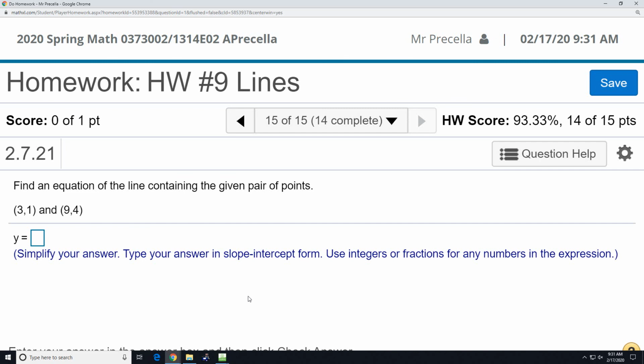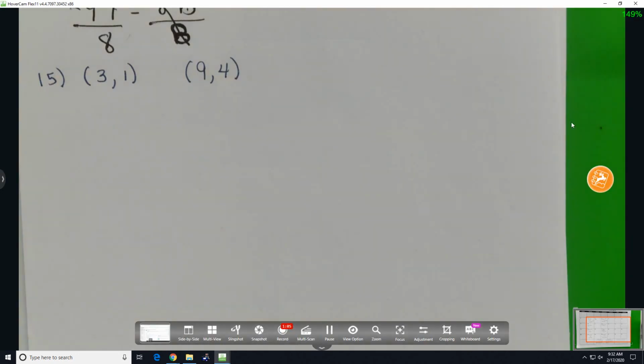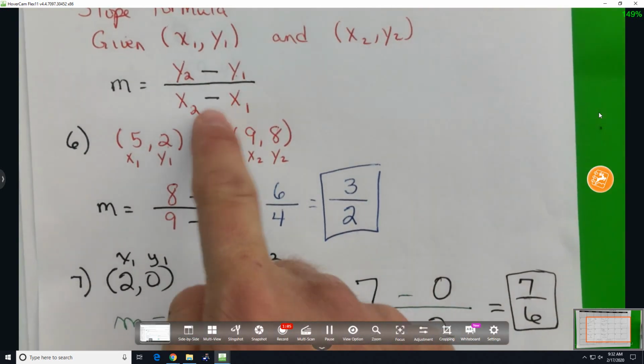So, okay, go ahead and flip it over there. Oh, notice you're still writing the equation, and it gives you the y equals. So they want your final answer in slope-intercept form. So, start off finding that slope. So, I'm going to use that slope formula.